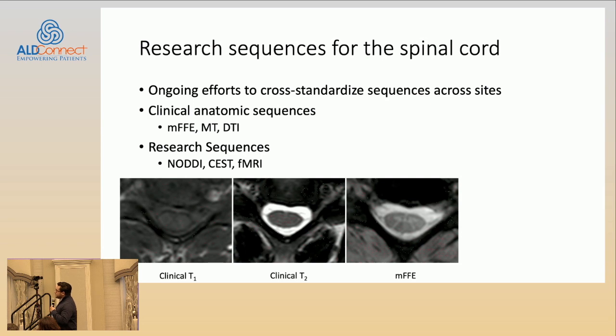The discrimination of white and gray matter is, I mean, you can see the difference between the second and the third picture. One of the challenges in looking at the spinal cord of AMN is that clinically, clinicians will have a T2, a clinical T2, and discriminating white and gray matter on a T2 of the cervical spinal cord is next to impossible.